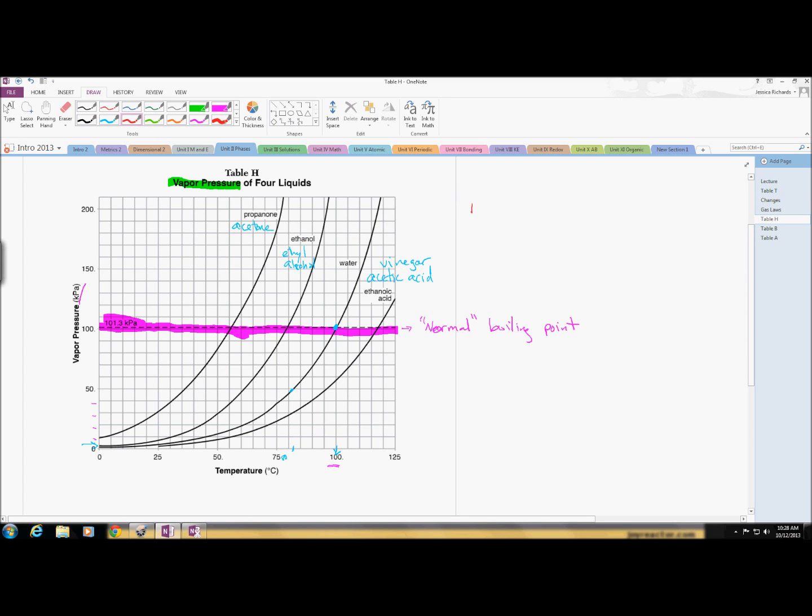All right, there's another concept that we can see on this graph, intermolecular forces. The prefix inter here means between. So when we talk about intermolecular forces, we're talking about the forces between 2 molecules.